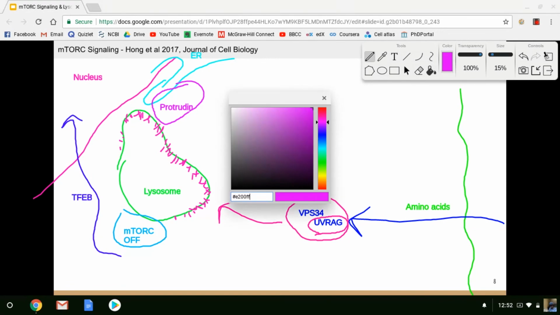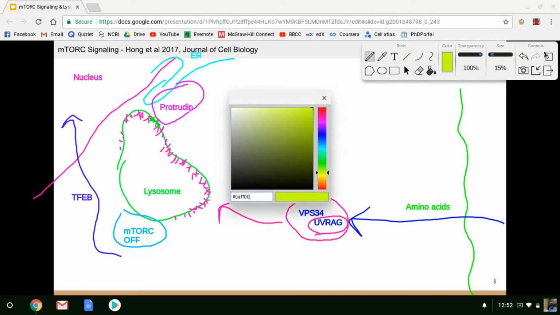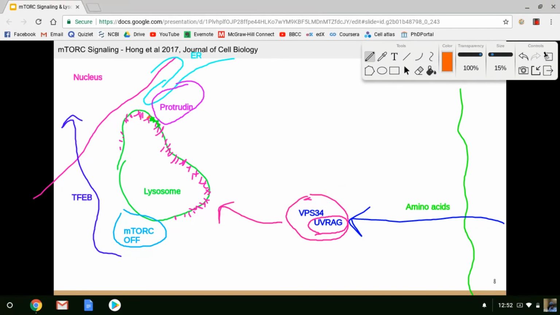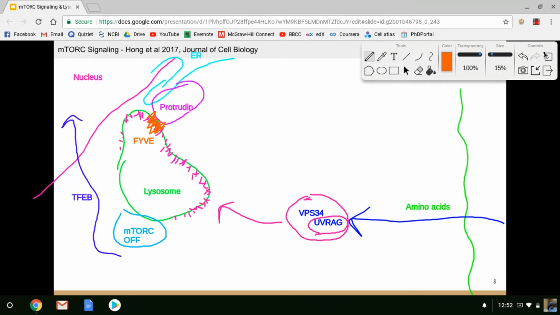And protrudin actually interacts with lysosomes because of these phosphorylated phosphatidylinositols. So protrudin can bind to lysosomes using a FYVE domain. These FYVE domains bind to phosphorylated inositols at the 3' position.